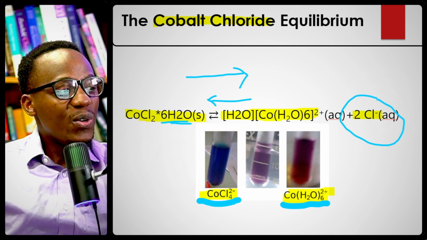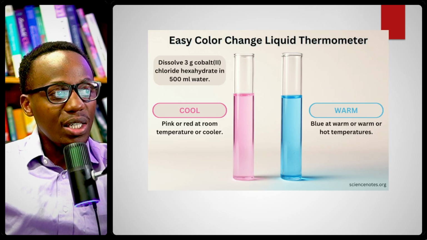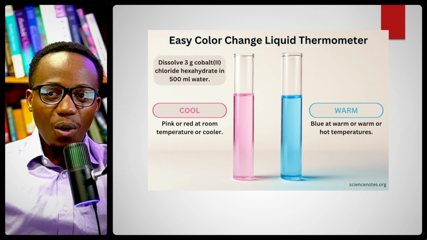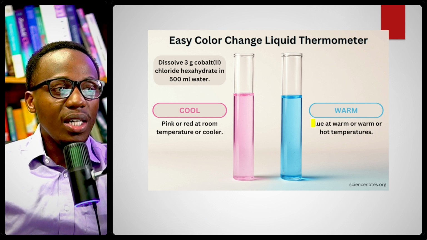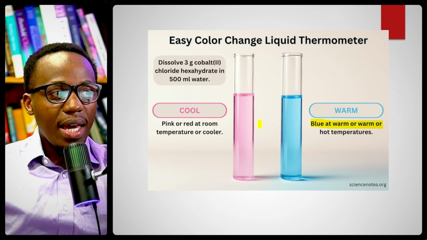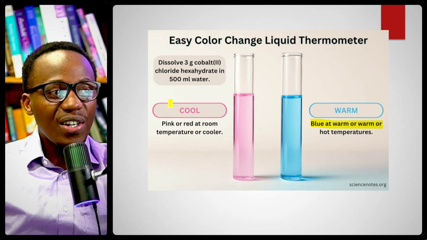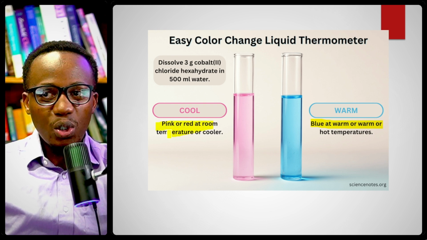And guess what? We're going to do the same with temperature, because this reaction also changes color based on temperature, right? So if you increase the temperature, it should be blue. And then if you start to decrease the temperature and put it on ice, you will see it turn back to pink. It's really cool.